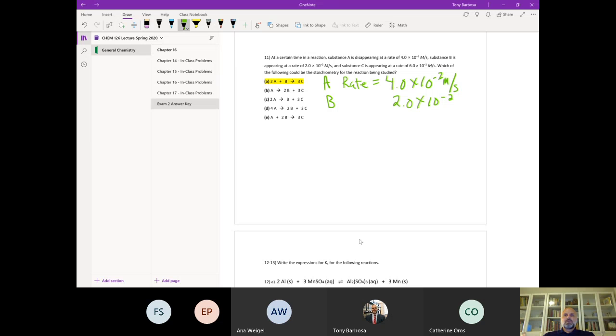If H2PO4 acts as a base, it's going to be reacting with a proton of some sort to eventually form H3PO4, right? That's how it's acting as a base.